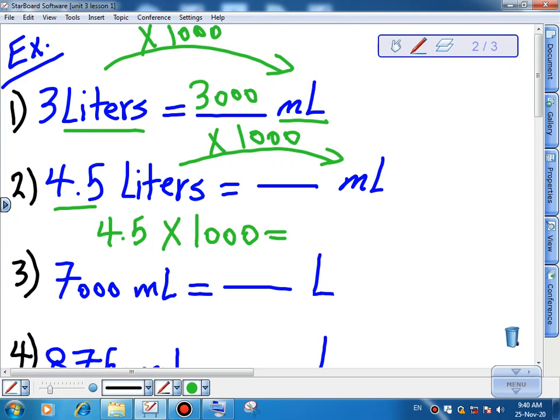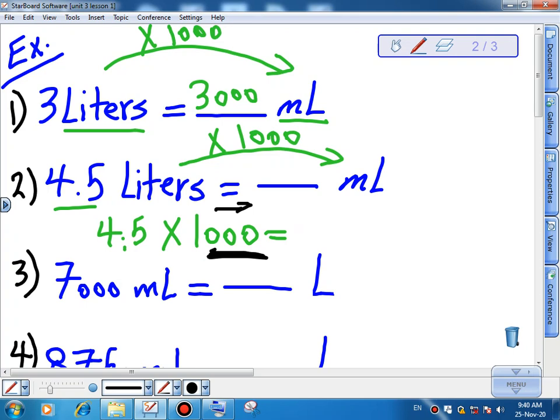We will move the decimal point to the right side. As there are 3 zeros in the 1000, I need to move the decimal point after 3 digits. Again, when we multiply any decimal number by 10, 100, or 1000, we move the decimal point to the right.